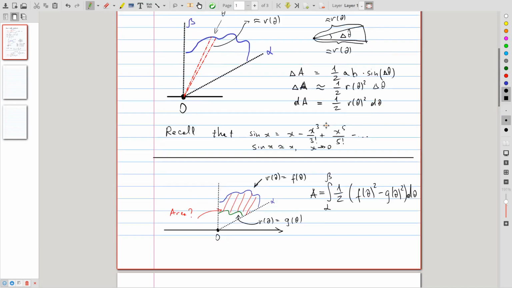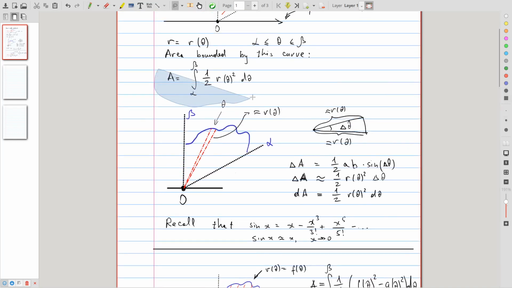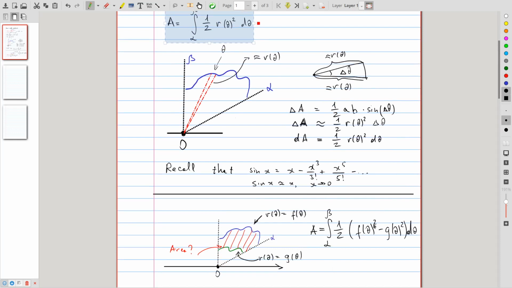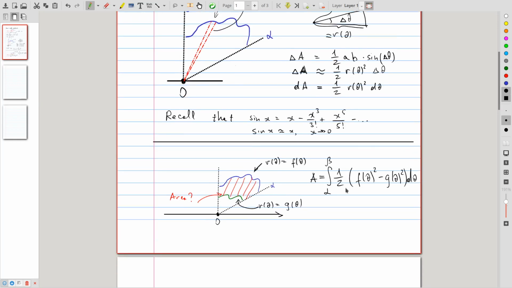So what we did here, we used the formula for the area to evaluate the area bounded by the blue curve, and then subtracted the area bounded by the green curve and joined these two expressions into a single integral. So now this allows us to evaluate a single integral to find the area bounded by two polar curves.